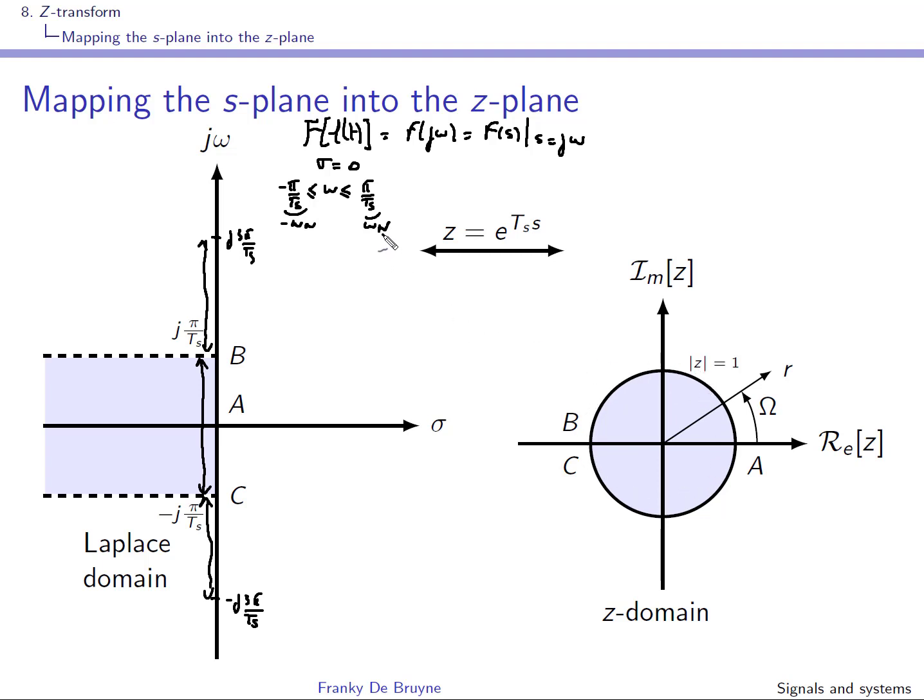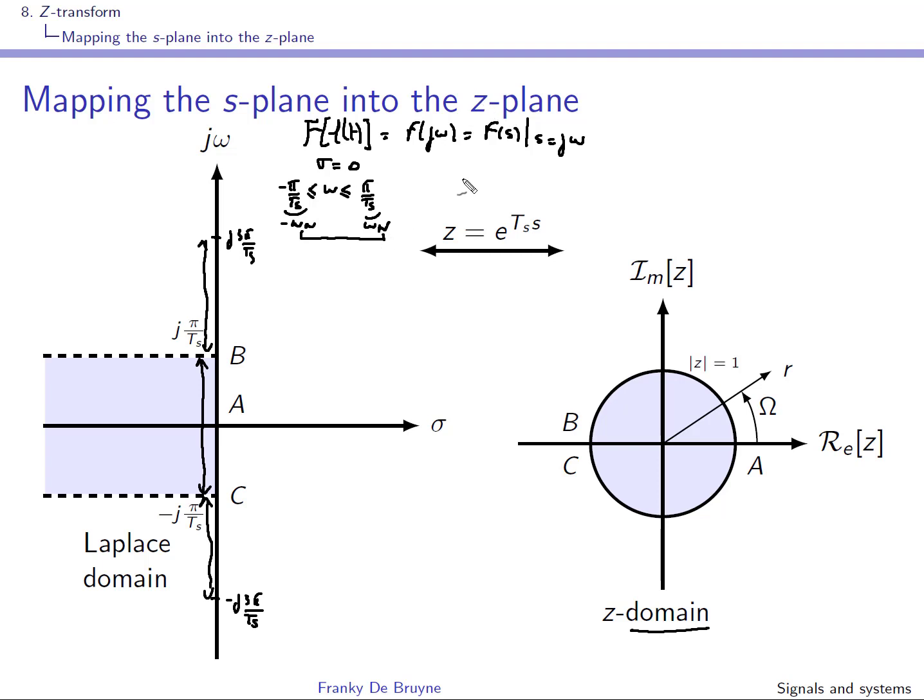So if this condition is not met, these different portions are going to overlap after sampling in the z domain, and this is going to cause aliasing or frequency folding. So we need this Nyquist condition.